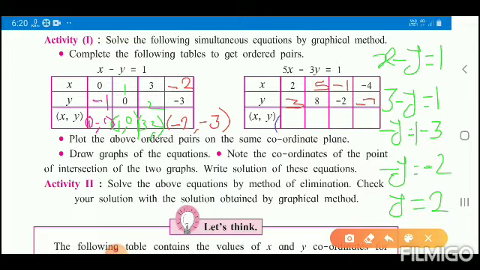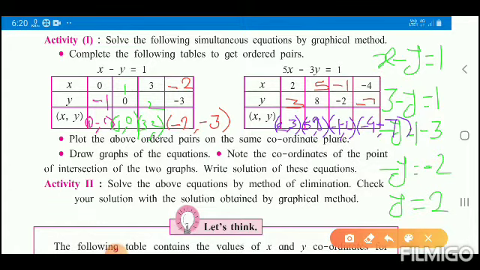We are writing the first x coordinates, so 2, 3. Second one 5, 8. Third one negative 1, negative 2 and fourth one negative 4, negative 7. Okay, these are the values.